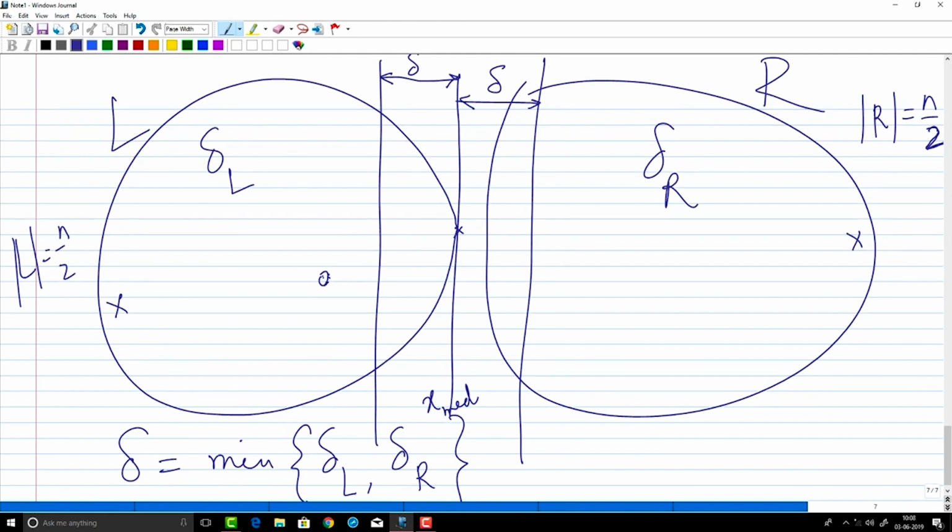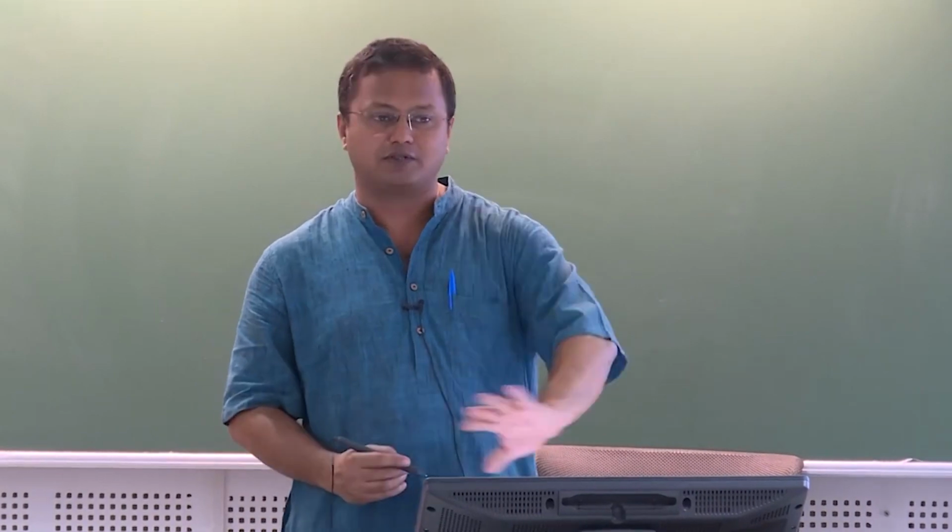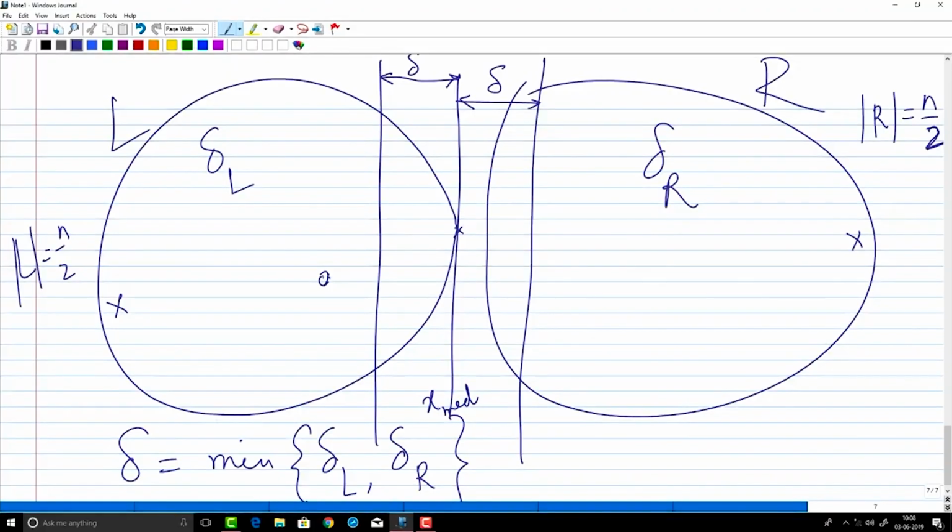So, how do we get rid of this problem? How do we tackle this problem? For this, just forget about this closest pair problem. We will come back to this very shortly.